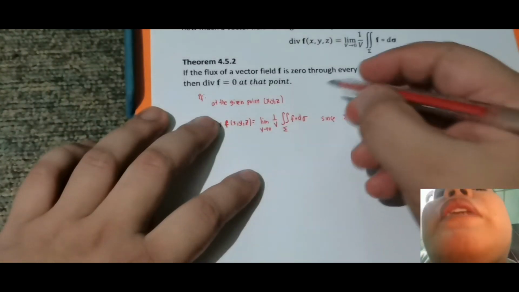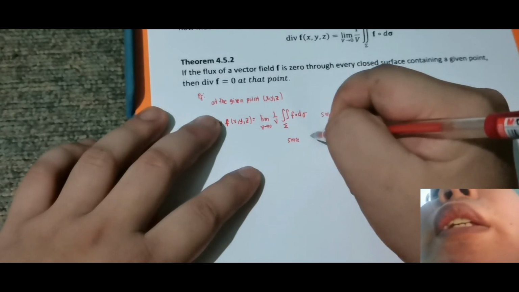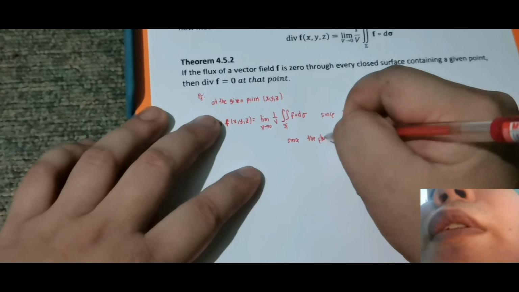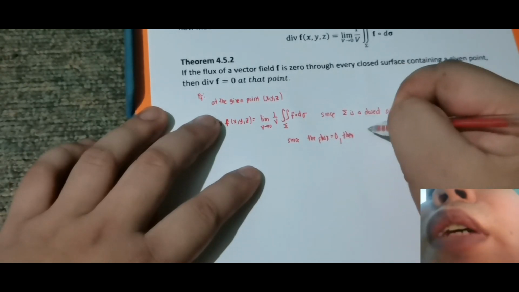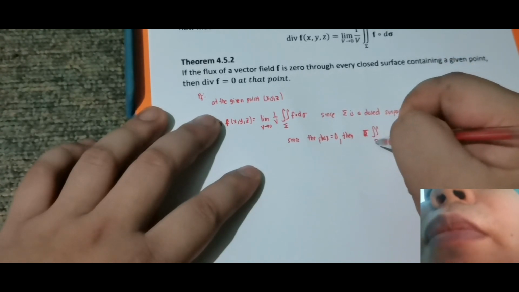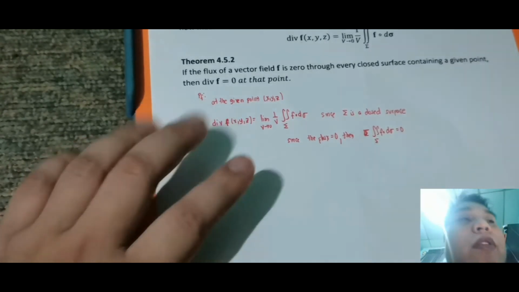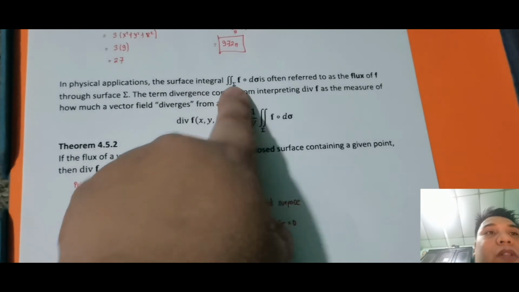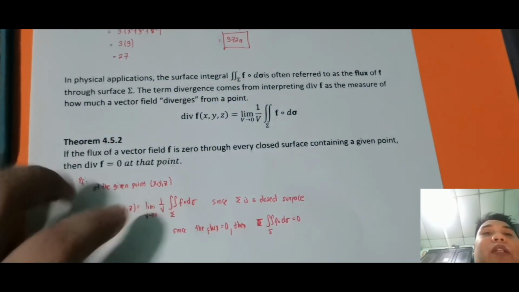So since the flux is equal to 0, then yung double integral along the sigma nung F dot d sigma is just equal to 0. Kasi sabi nga natin, we often refer the surface integral na ito as the flux. So if the flux is 0, therefore ito ay 0.